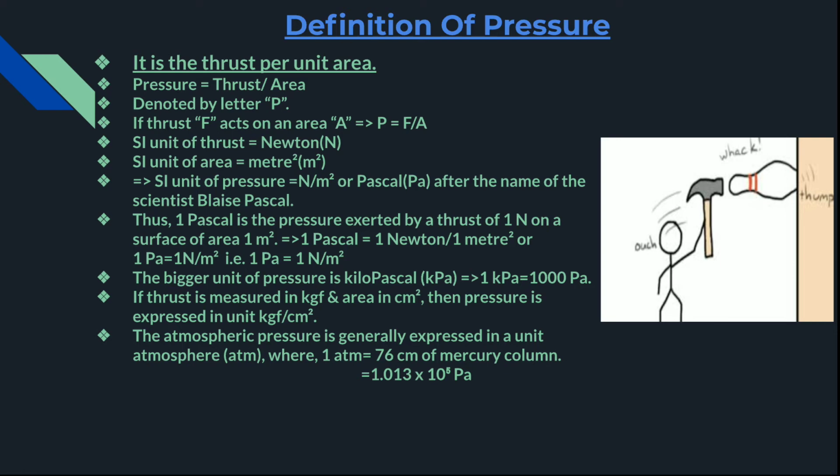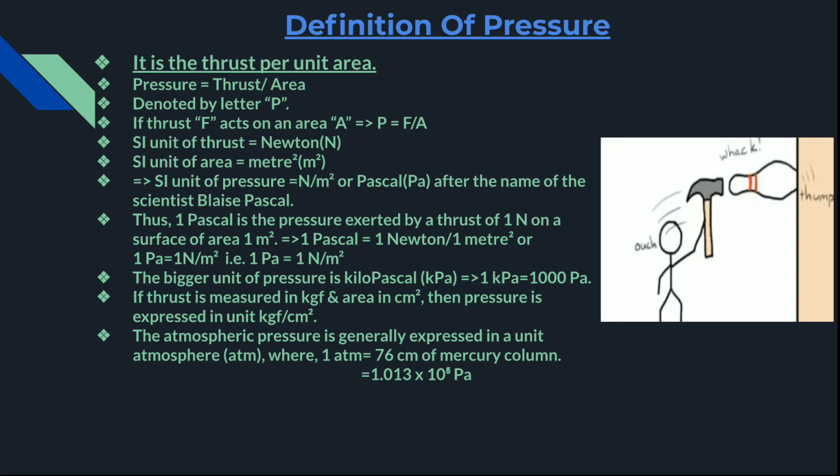The SI unit of thrust is Newton and the SI unit of area is meter square. Therefore, the SI unit of pressure will be Newton per meter square, or you can say Pascal, Pa, after the scientist Blaise Pascal who discovered it.